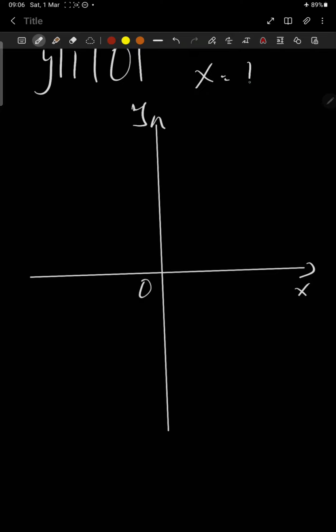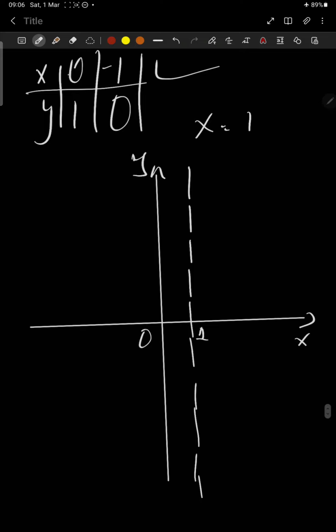Your vertical asymptote is x equals 1, so I'll approximate that 1 is here. This is the point 0, 1, which is here, and this one is negative 1, 0, which is here. So I'll join these two points.